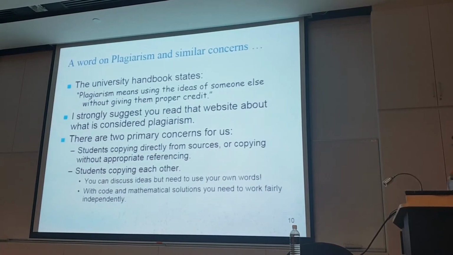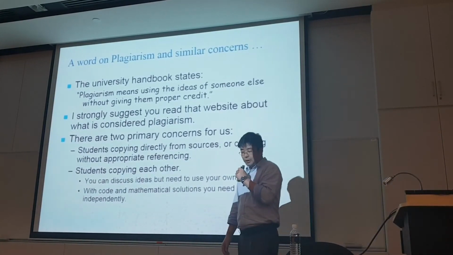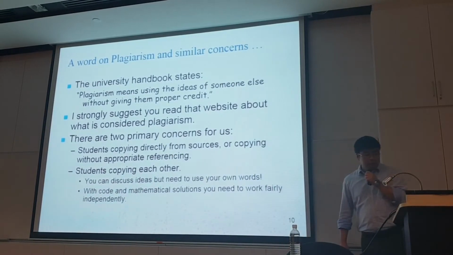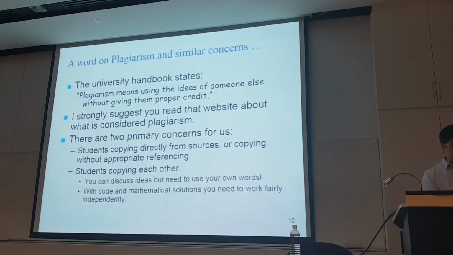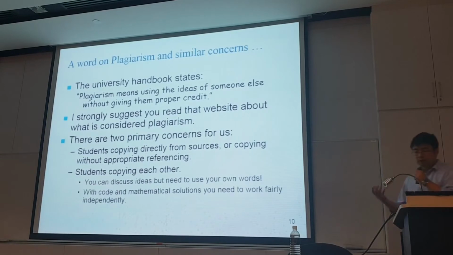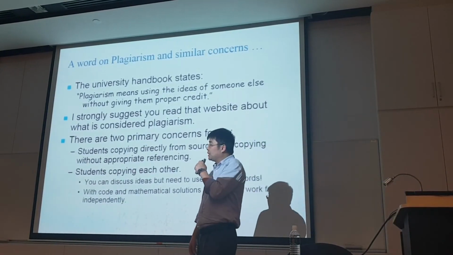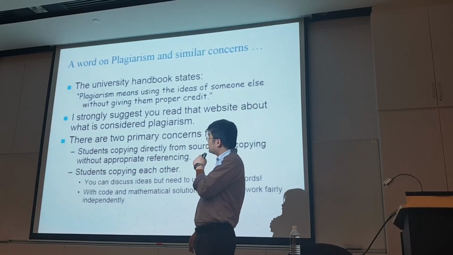Plagiarism is also a very important note we need to cover. Plagiarism is not just directly copying from another student's work. Even if sometimes you produce similar results, it can still be treated as plagiarism.